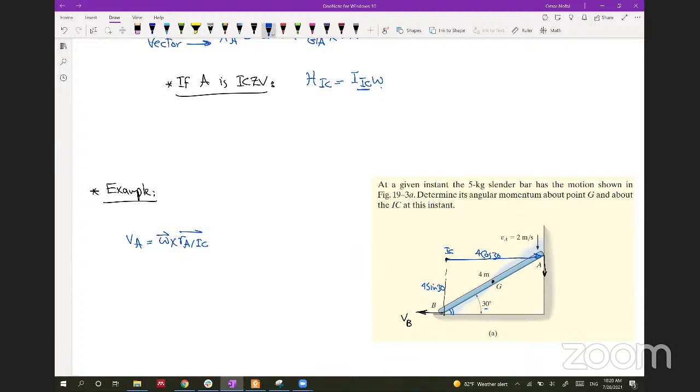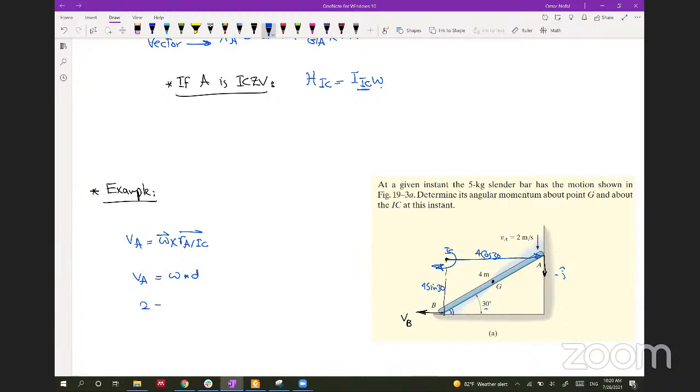But actually, if you know the direction, I know that VA is moving down, so the omega should be in this direction, and this is negative k hat, and this is negative j hat. So when you multiply them, it will give you the velocity in negative j hat. Okay, so I would work with the scalar quantity: omega multiplied by this distance d.